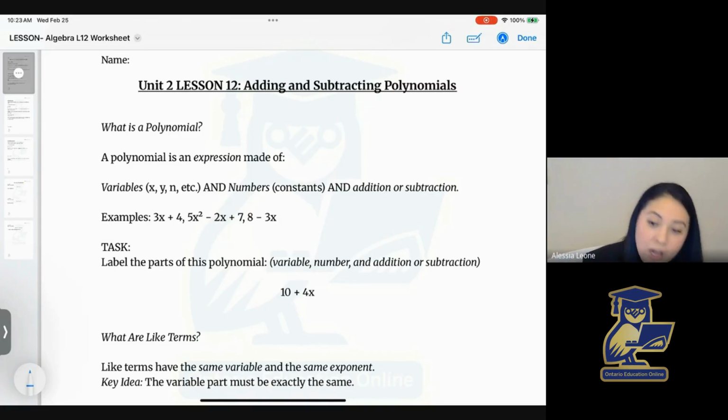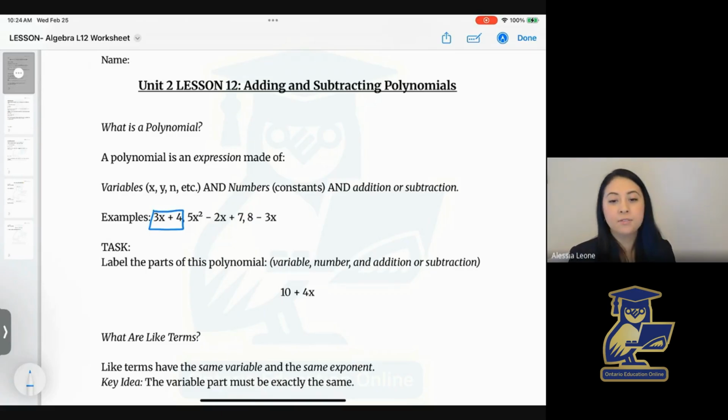Here's an example of a polynomial. This expression, 3x plus 4, that whole thing is called a polynomial. Here's another one. 5x squared, take away 2x plus 7.